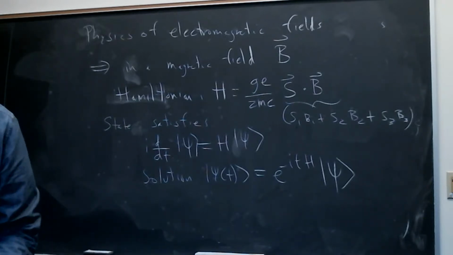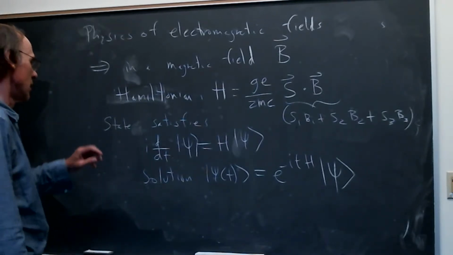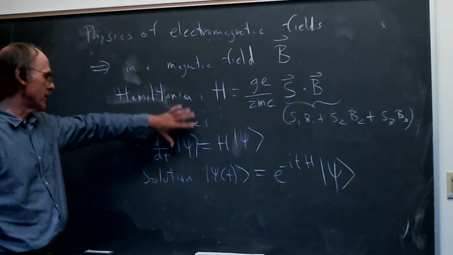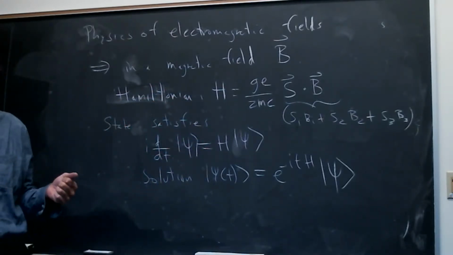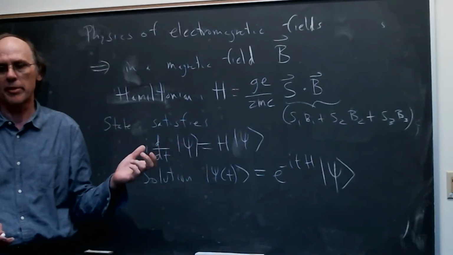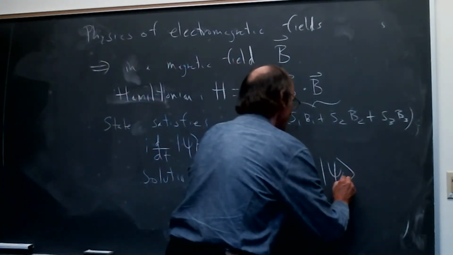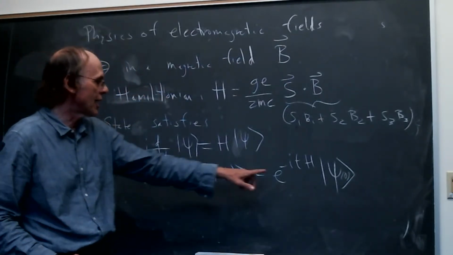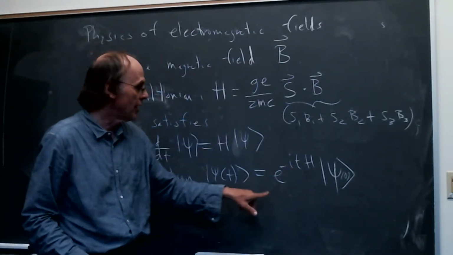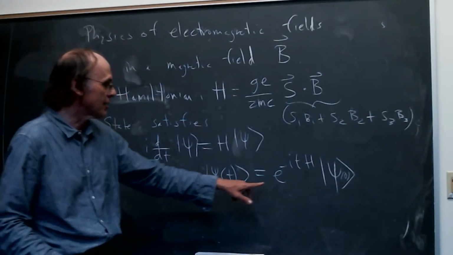This is the basic fact about the dynamics of quantum theory. The Schrodinger equation always tells you that if you can exponentiate the Hamiltonian operator, then you get the time dependence of the state just this way.